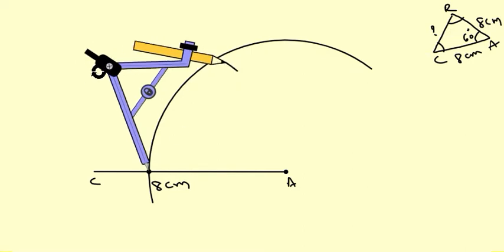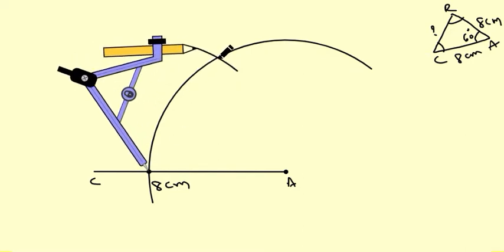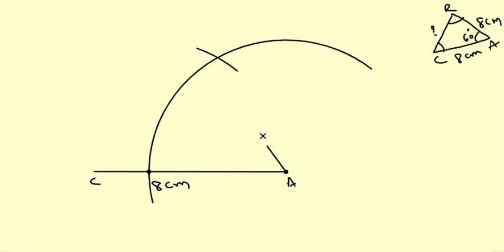Now draw another arc which cuts the previous arc. So this point indicates the 60 degrees. Now remove the compass and draw a ray and label it AX.